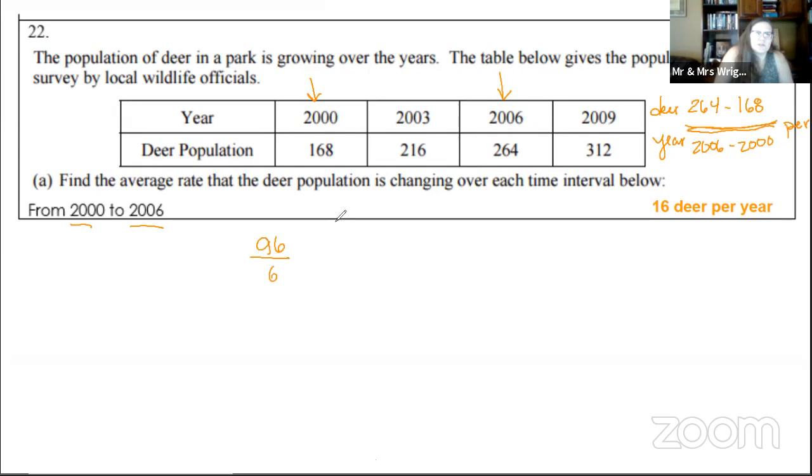The difference between year 2000 and the year 2006 is 6 years. So 96 divided by 6 is 16. So I get 16 deer per year. That's the average rate that the deer population has changed between the years 2000 and 2006. 16 deer per year.